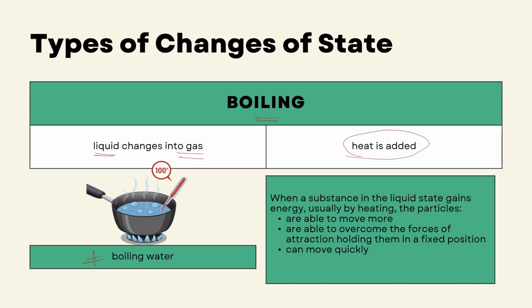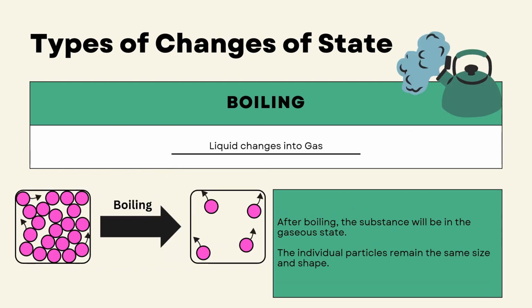When a substance in the liquid state gains energy, usually by heating, the particles are able to move more, overcome the forces of attraction holding them in a fixed position, and can move quickly. Here you can see liquid state on heating. When we add heat, it starts to boil and form gaseous state.